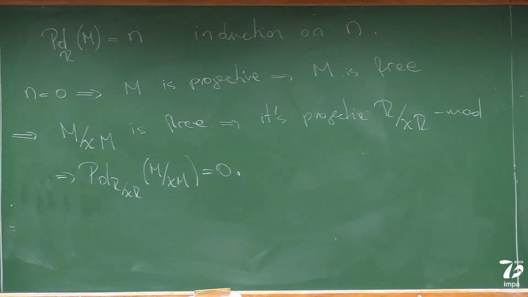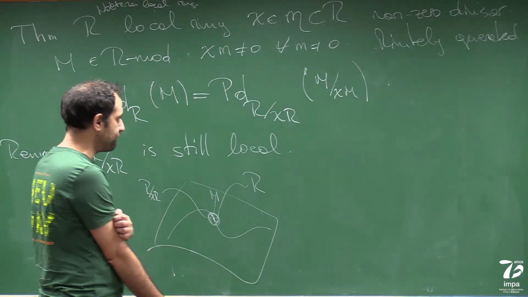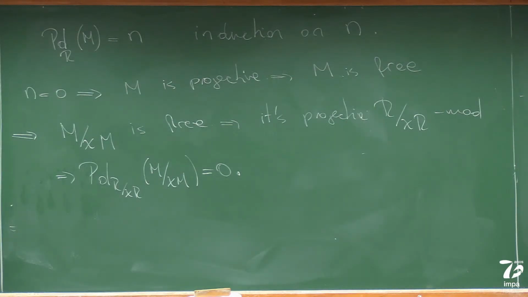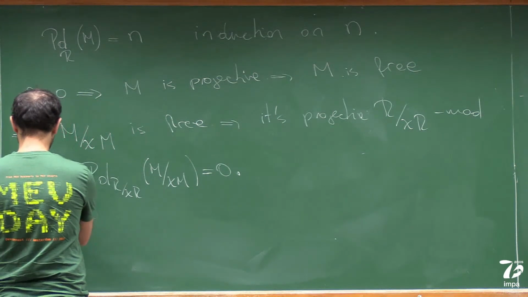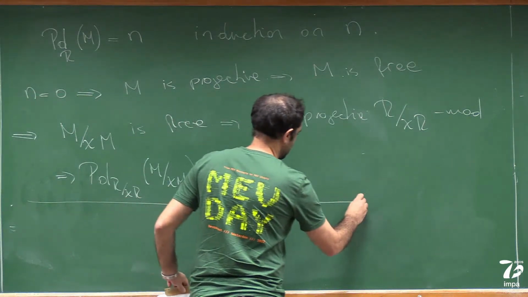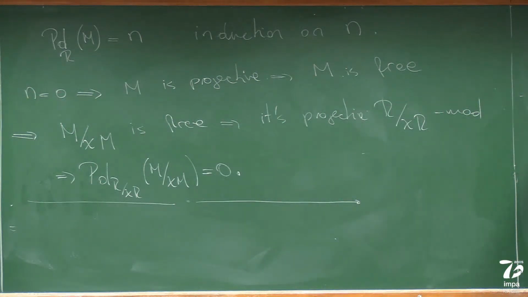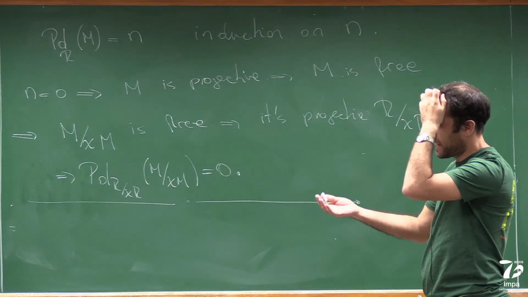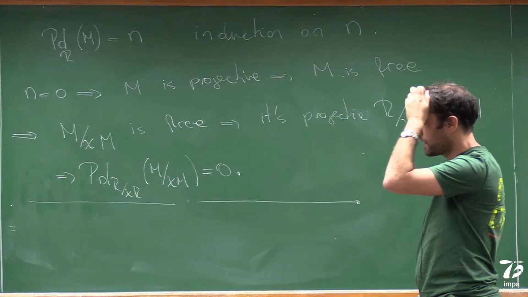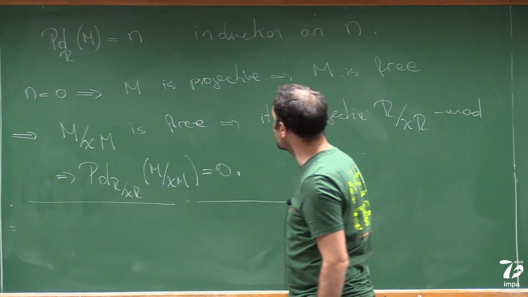Let's do this induction on the projective dimension of these modules. We'll do the same thing as always: we'll just cover everything by a free module, look at the kernel, which has projective dimension 1 less, and try to do the induction that way.